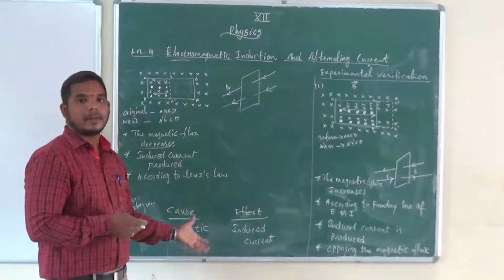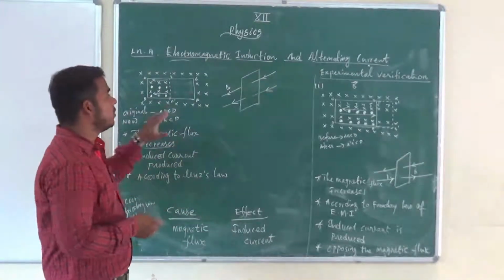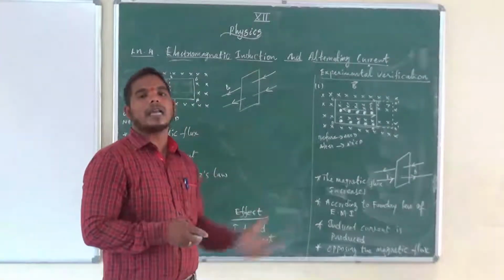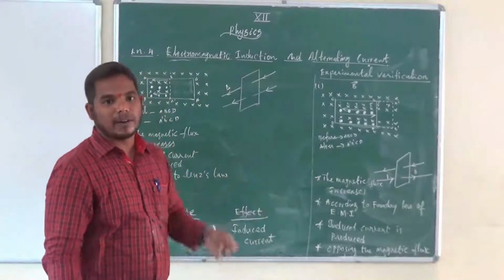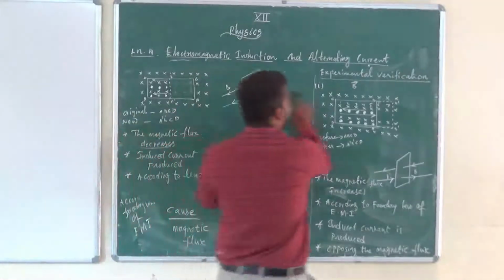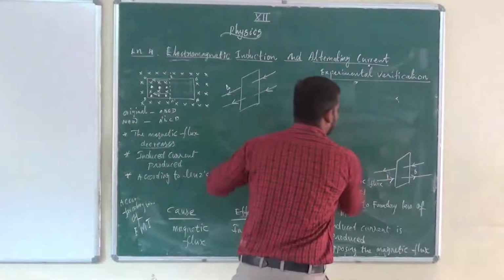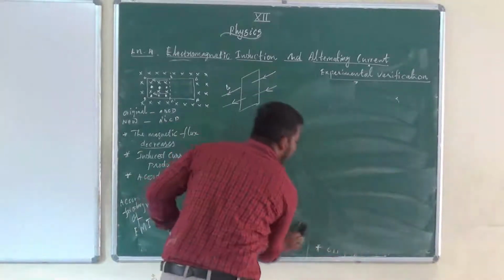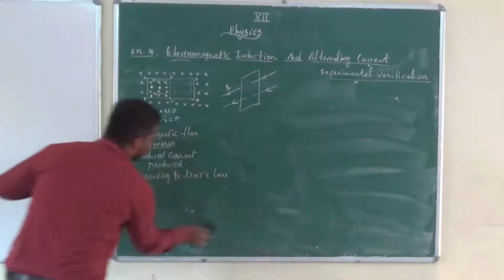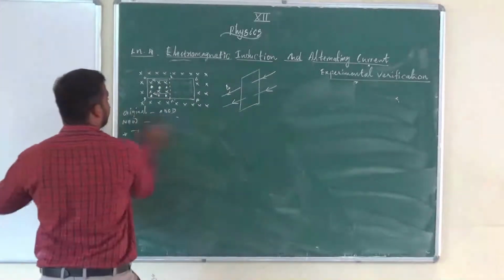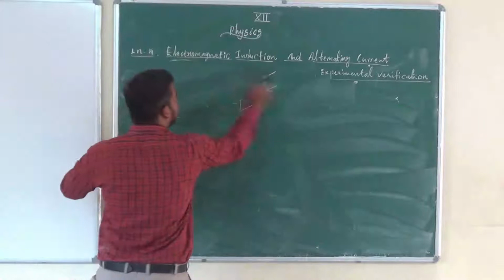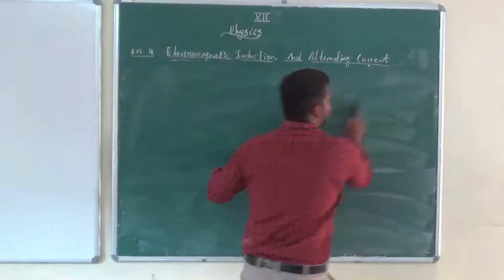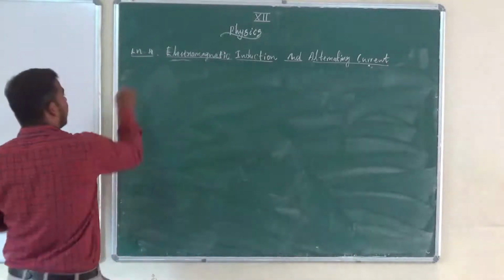See the diagram. Suppose you take a coil and a magnet; we will see another experimental verification also. So you will get a clear idea, I hope, of how the induced current opposes the cause in Lenz's law.